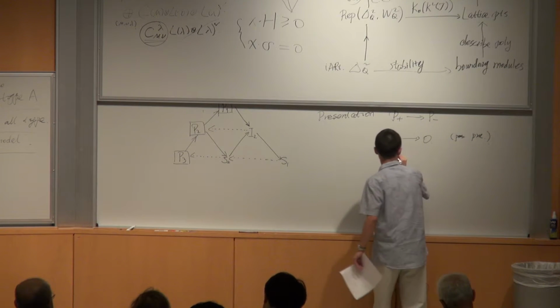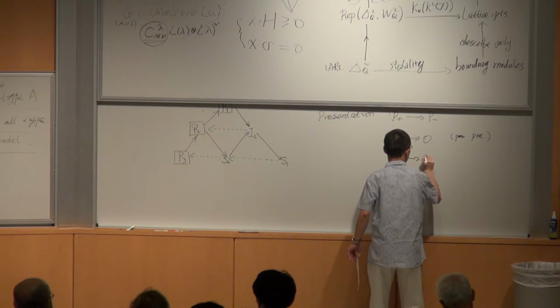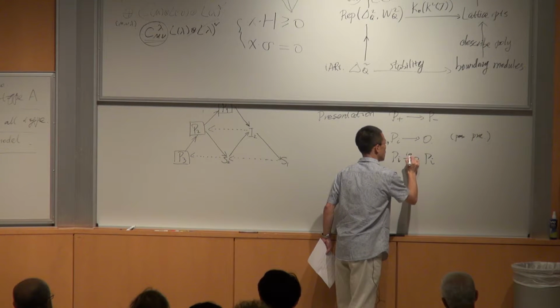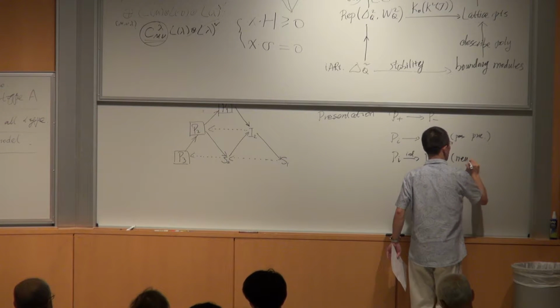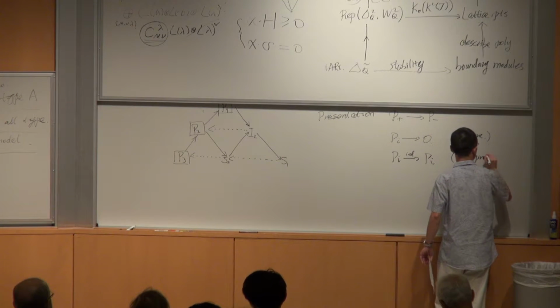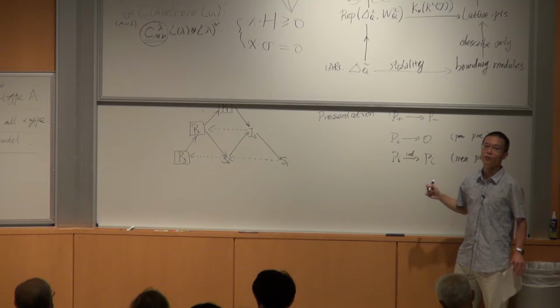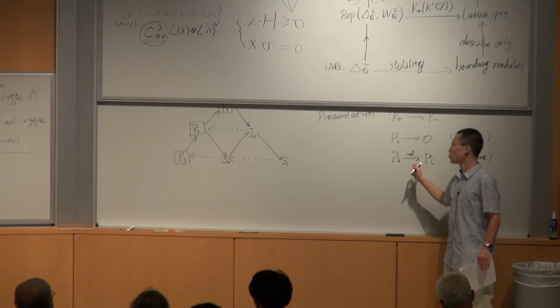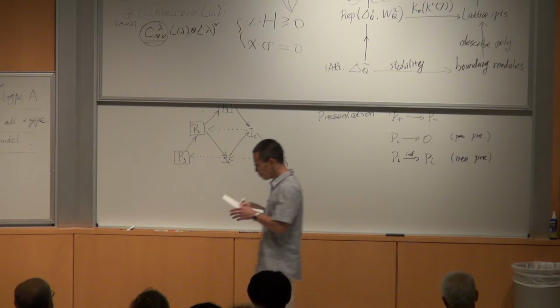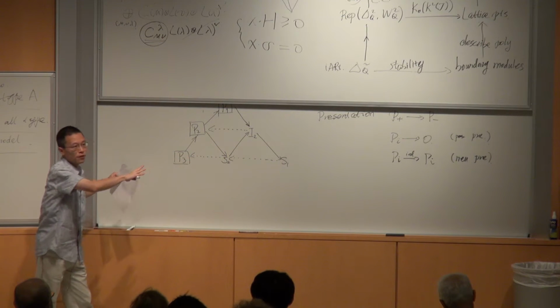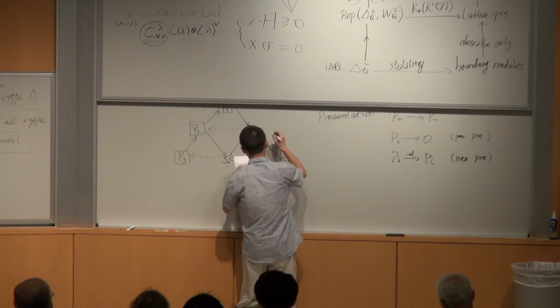But then there's another one, for example, P_i goes to P_i, which is of course the identity. I call these neutral presentations. Remember, this is the one thrown away by Iyama, but it is valuable to us. With all those objects, we need to put them into our Auslander-Reiten quiver.